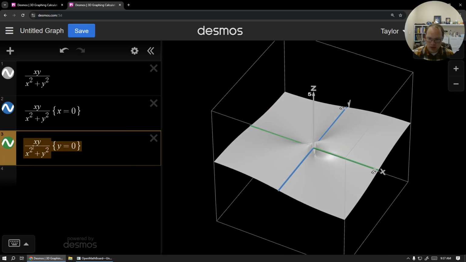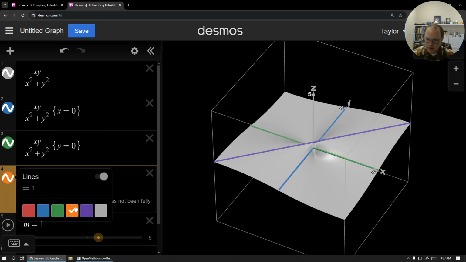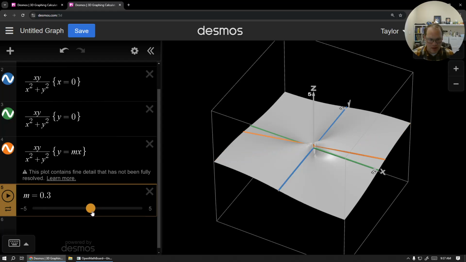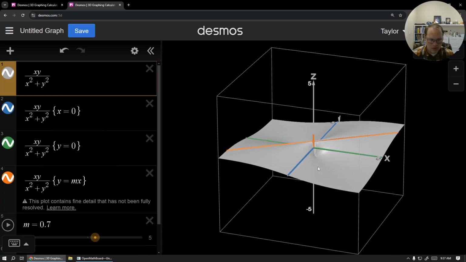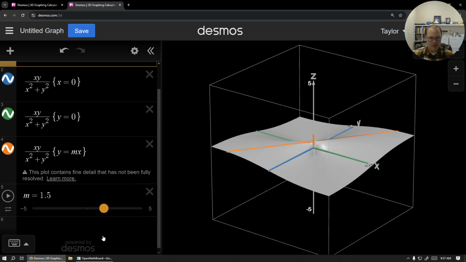So more generally, we looked along the path y equals mx. And what we noticed was for different values of m, and it's behaving a little strangely right at the origin, but for different values of m, we hit that z value higher or lower. Right?